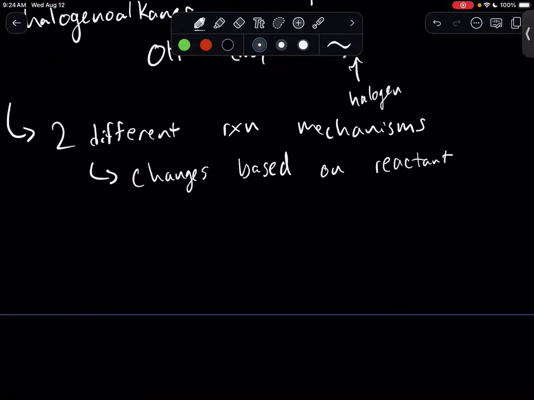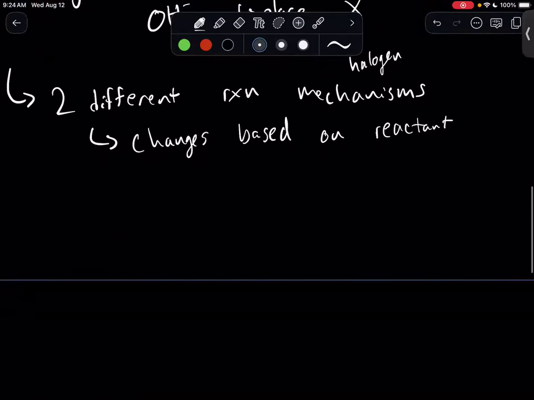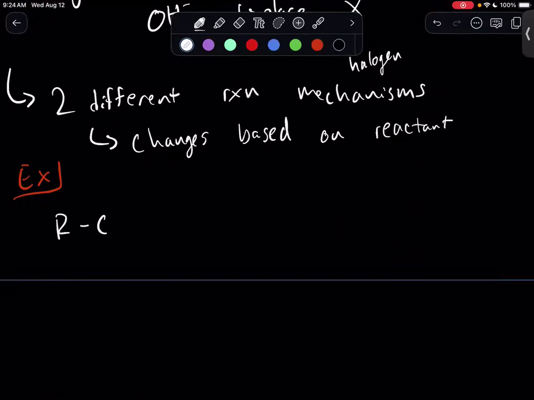So let's look at two different reactions here. We could have the halogenoalkane R something, and we'll throw some carbons, and that is attached to some leaving group X plus a hydroxide.